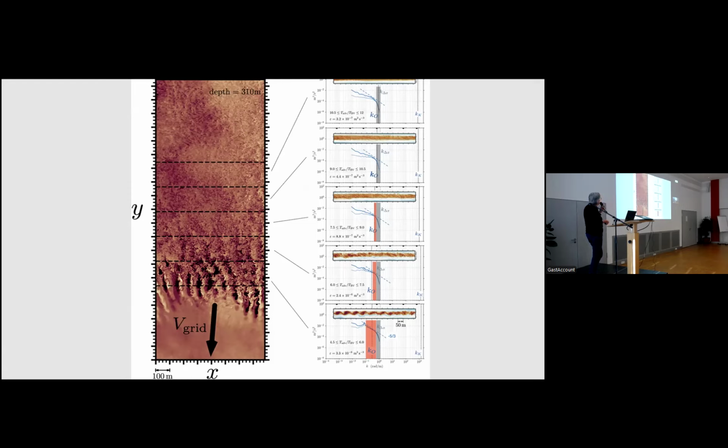On the other hand, in the grandchild simulation, we do have bands of very strong shear. We do have Richardson number dropping below a quarter. I don't know if you can see this, it's very small.